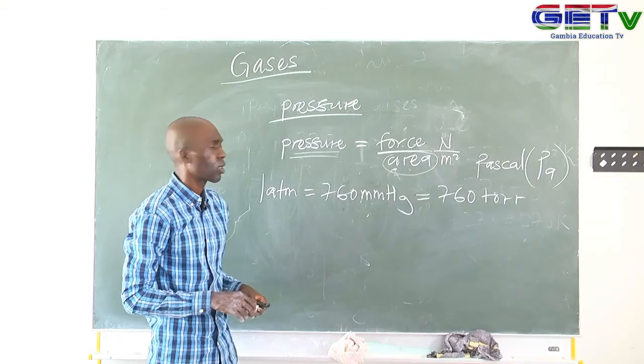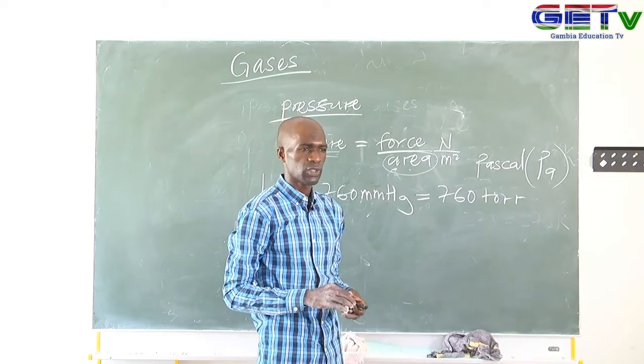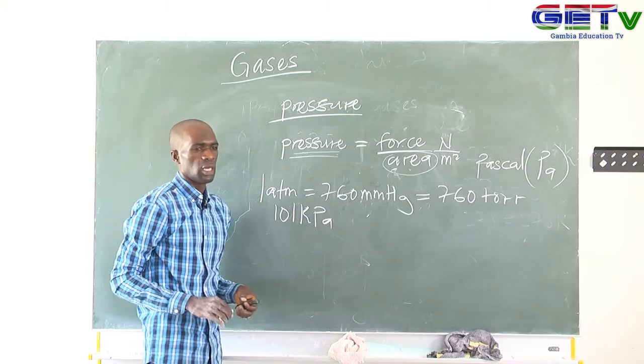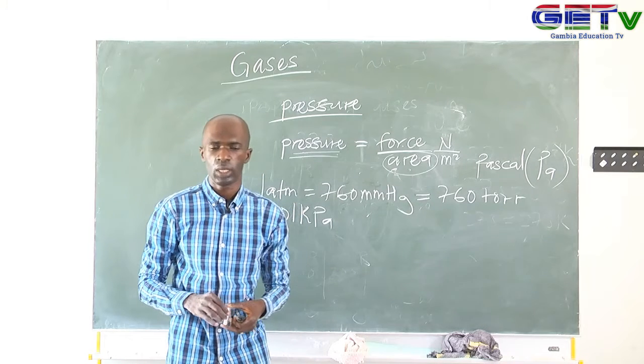Standard pressure. What do we call standard pressure? Normal atmospheric pressure at sea level is referred to as standard pressure, and it is equal to all of the values below. That is 1 atmosphere, 760 millimeter mercury, 101 kilopascal, and then 760 torr or 1.01 bar.